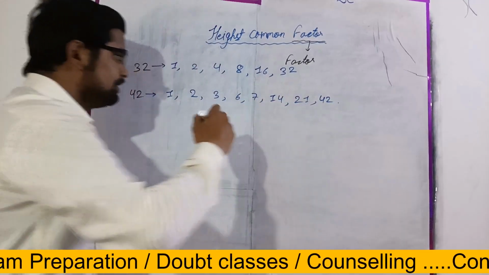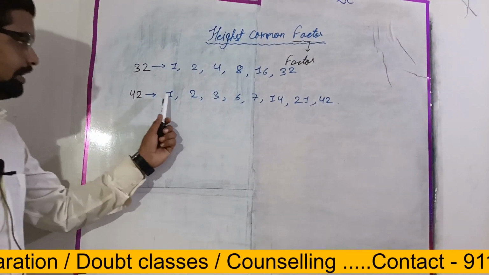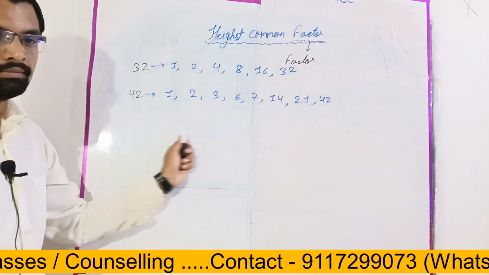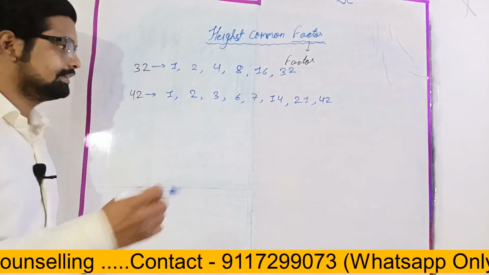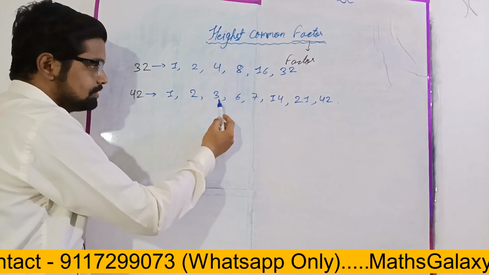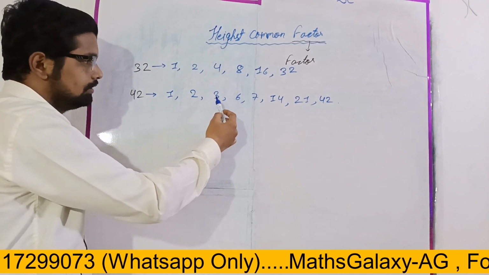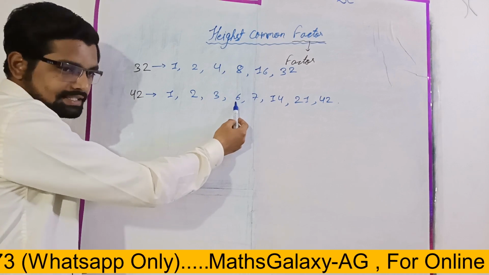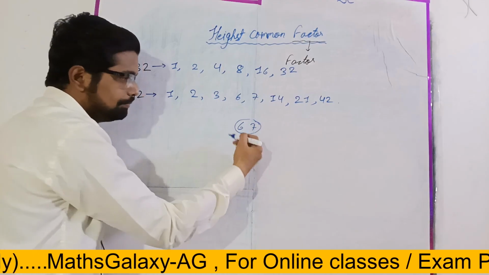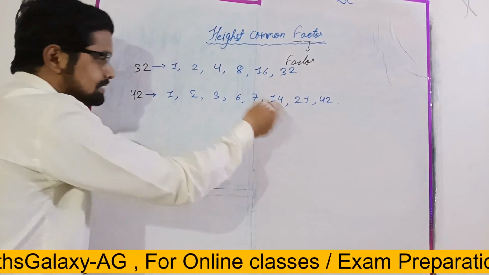As I already taught you a trick, when you are writing and a number starts repeating, then you have to come in reverse, right? Like this: 1 42 times, 2 21 times, 3 14 times, 6 7 times, 7 6 times.